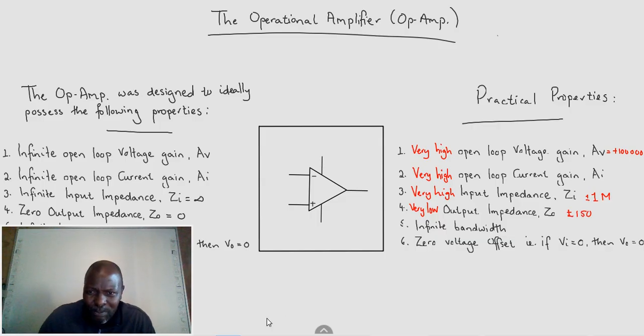Also, with the frequencies, these op-amps did not really attain infinite bandwidth, but at least the range of frequencies is very wide. The bandwidth is wide, so this will be a very wide bandwidth. Instead of an infinite one, we still fell within reason, and this was a very wide one.